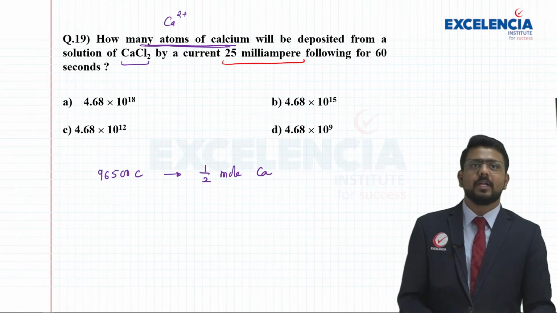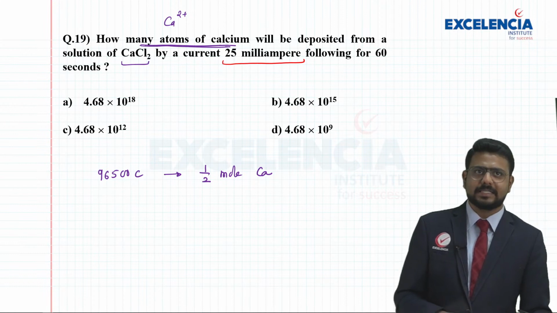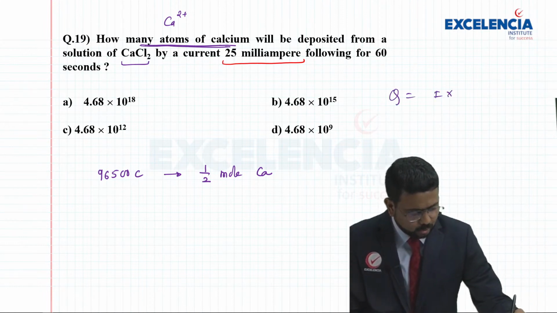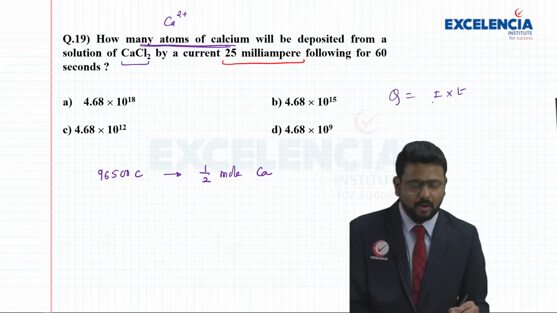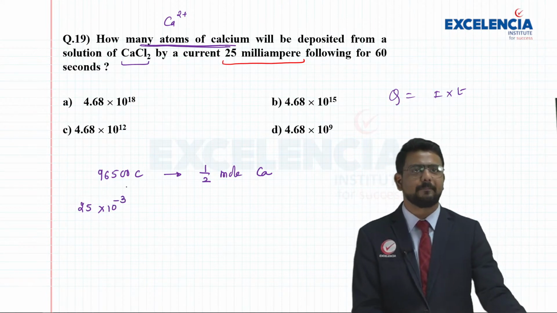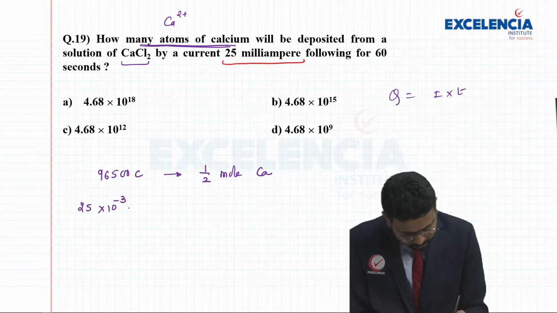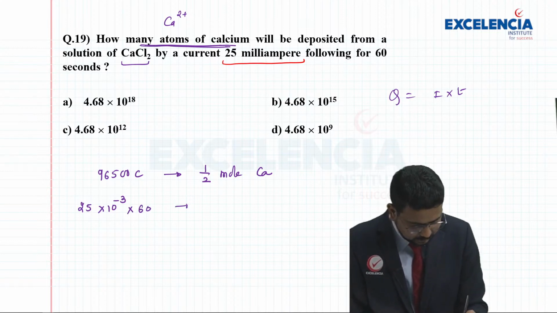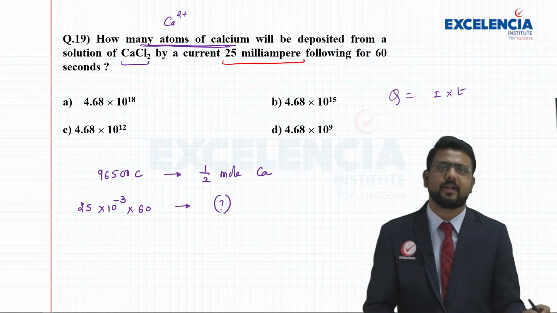In the question, you have been given 25 milliamperes for 60 seconds, right? So if I consider that Q value, it is nothing but I into T, right? Now I here is nothing but 25 milliamperes. So 25 into 10 to the power minus 3. Make sure that you are writing in terms of what? Amperes, okay? Times T, which is nothing but 60 seconds. It is first of all going to produce how many moles of calcium, okay?